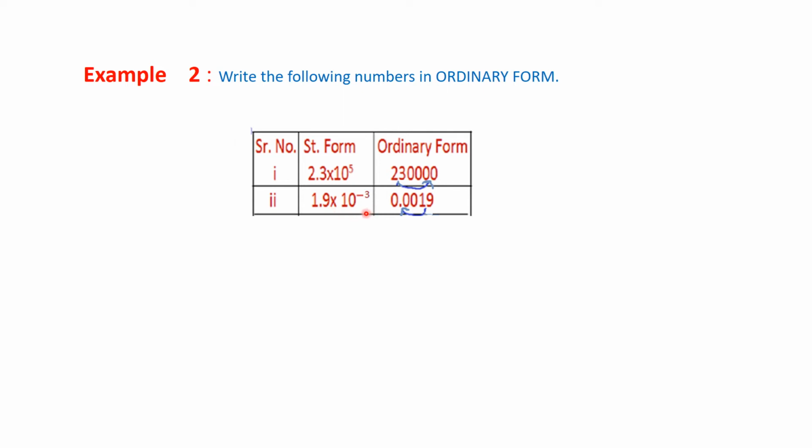How? Look at this part. From here 1, 2 and 3, when we move 3 places towards the left side, we use here 10 power plus 3. That power plus 3 and this power minus 3 cancel each other, so we get this answer. So this is the converse or reverse process of writing numbers in standard form.